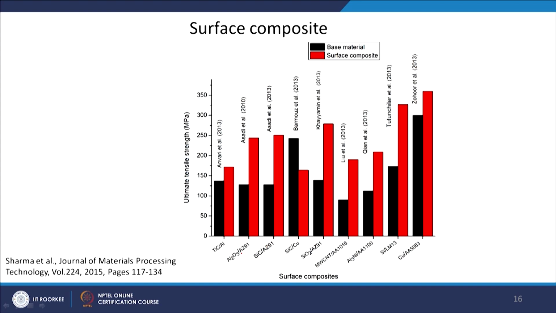AZ91 is a magnesium alloy in which alumina and silicon carbide is added. In aluminum with titanium carbide, or in copper with silicon carbide, you can see a reduction in the strength. We have to see the exact reason for that, but in general the effect is that the strength increases when you make surface composites.